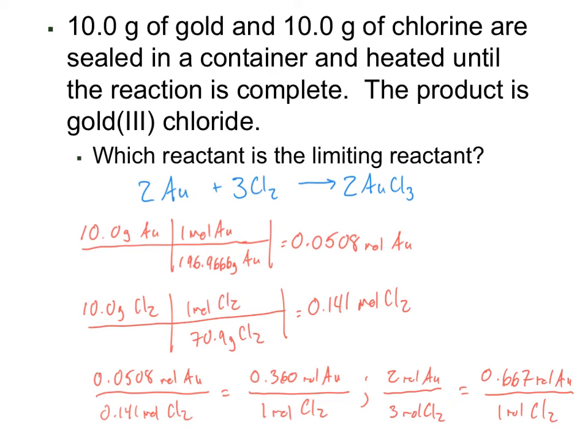And so again, let's keep in mind that 0.667 moles of gold is how many are needed per 1 mole of Cl2 from our balanced equation. But we're only starting with 0.360 moles of gold for every 1 mole of Cl2. And so what this tells us is that in this equation, gold is our limiting reagent.